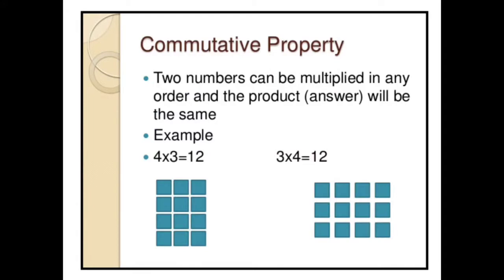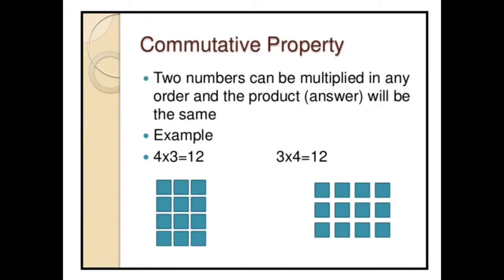Two numbers can be multiplied in any order and the product will be the same. Example is given there. 4 3s are 12 and 3 4s are 12. It means we can multiply numbers in any order, the product will always be the same.